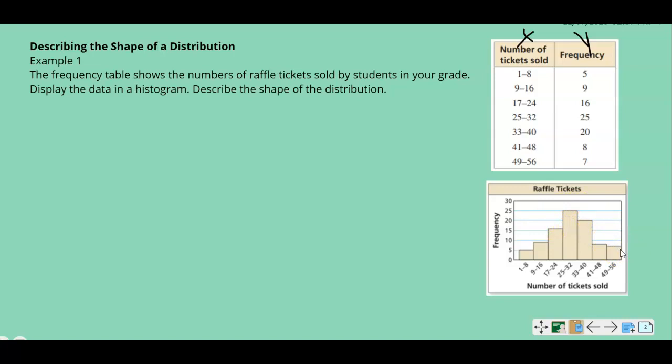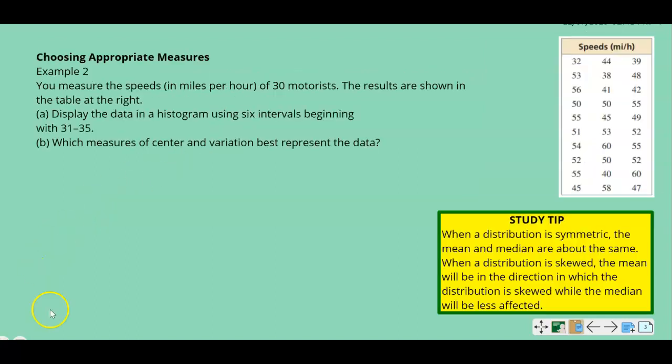So I would say, since each side is kind of a mirror image of the other, that this would be considered symmetric. So the distribution would be symmetric.